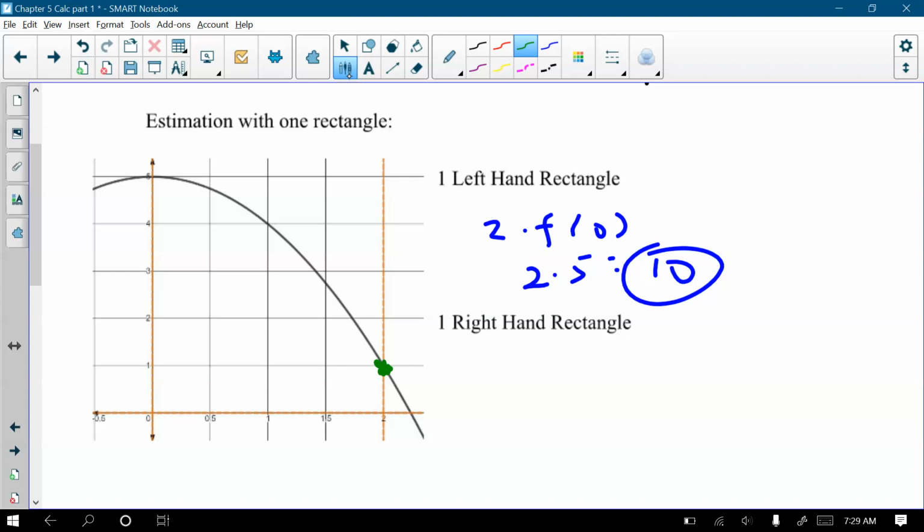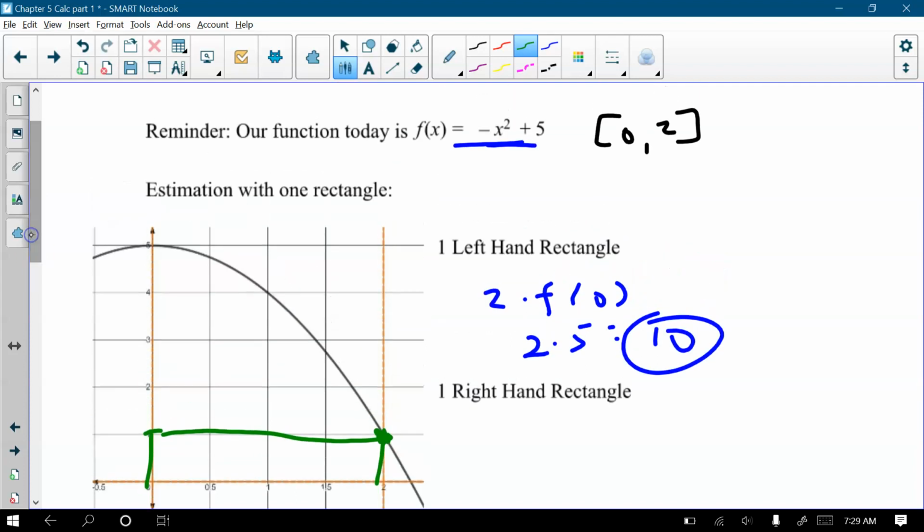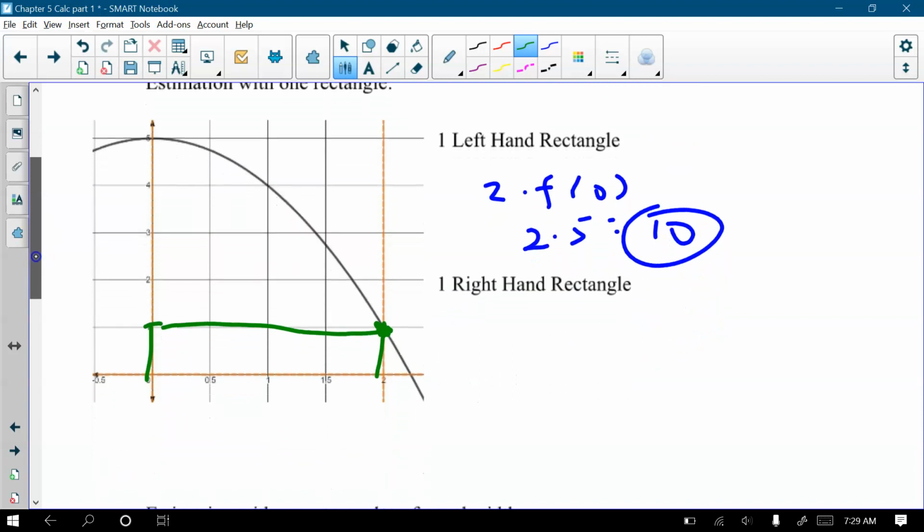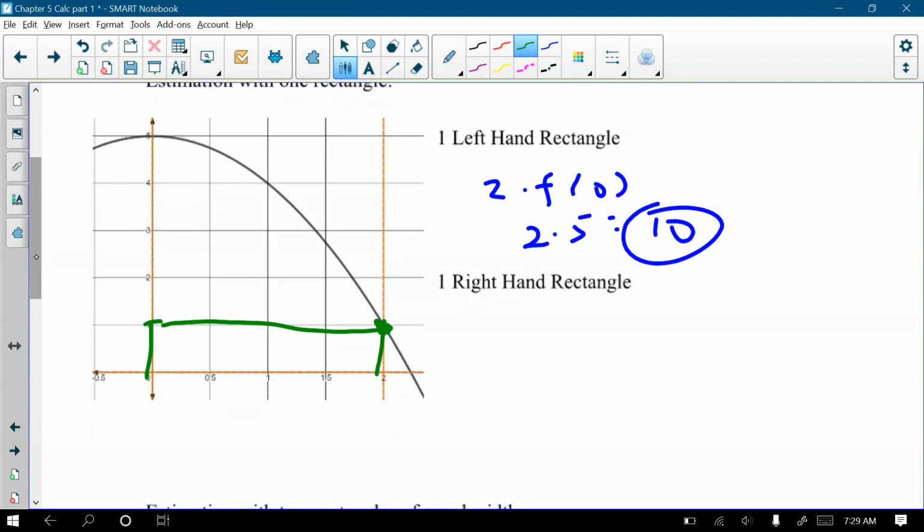And I just draw a nice horizontal line from there, and I have to cover the entire interval from 0 to 2. I can't shortchange it. Again, that width is 2, and the height is going to be f of 1 this time. That's false.